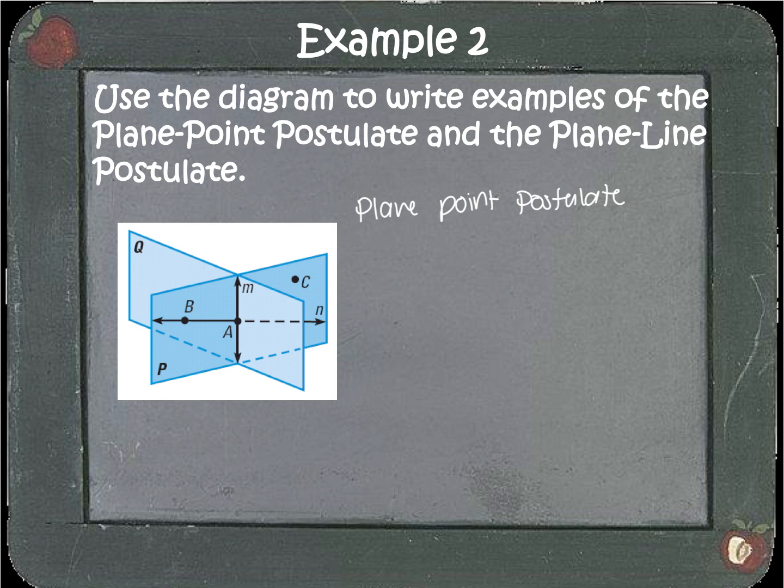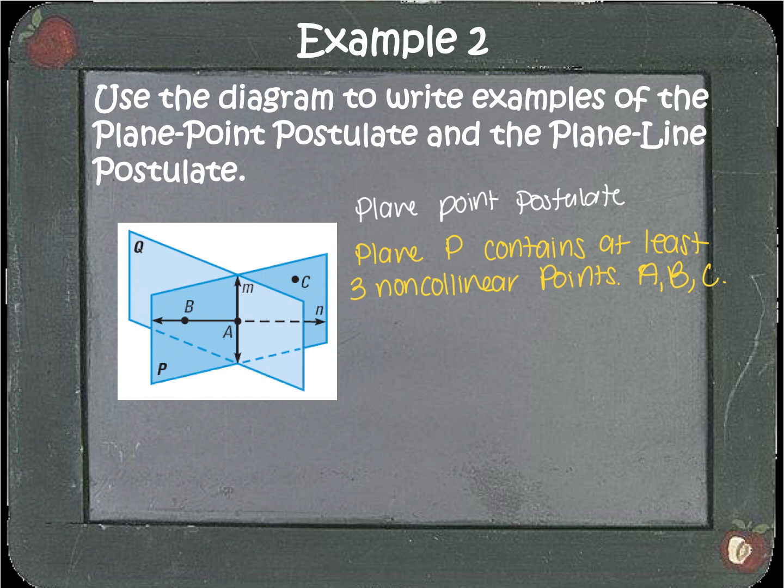Good, it is plane P. So how I'm writing this example is, it's similar to the definition: plane P contains at least 3 non-collinear points, which are A, B, and C. Okay, that's the plane point postulate.